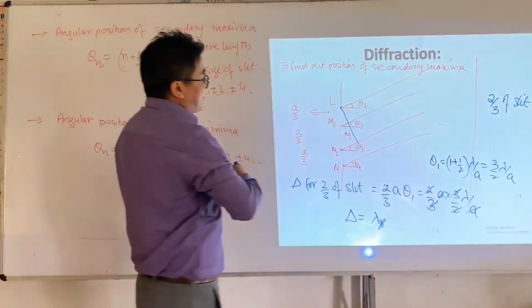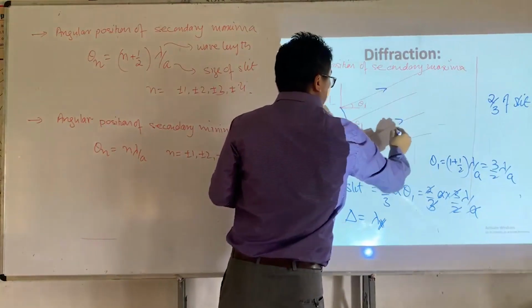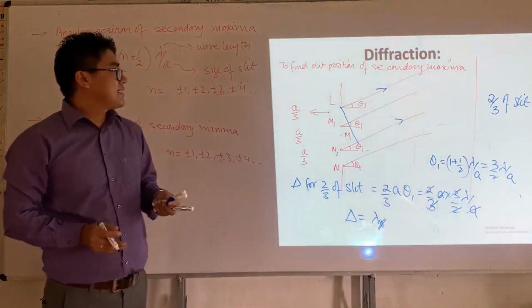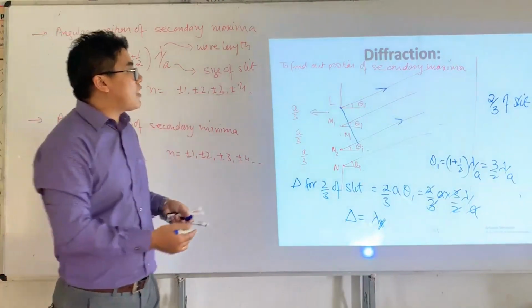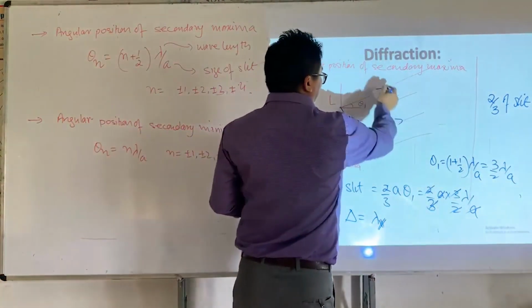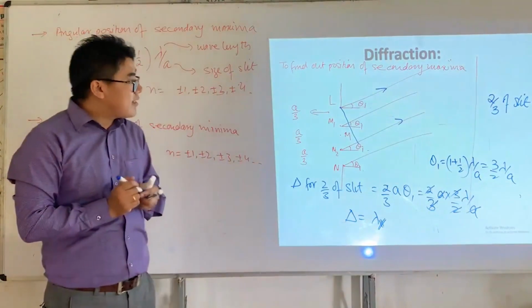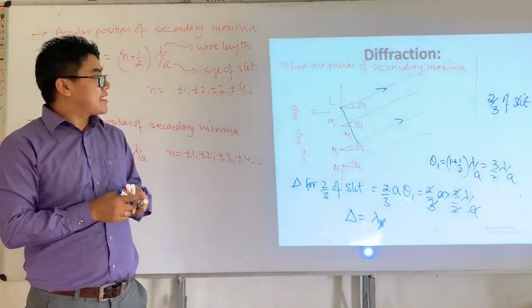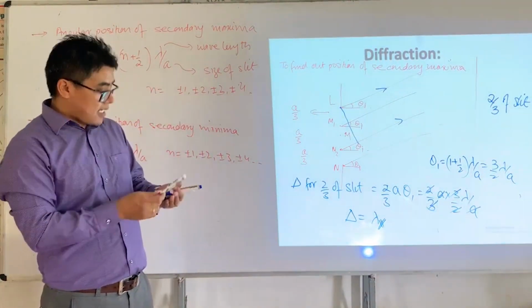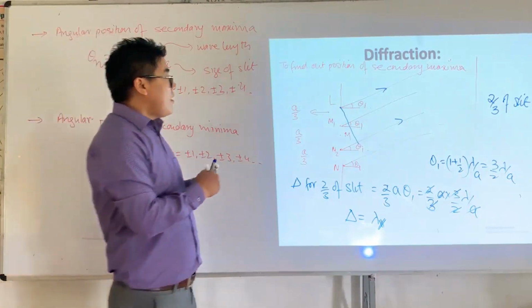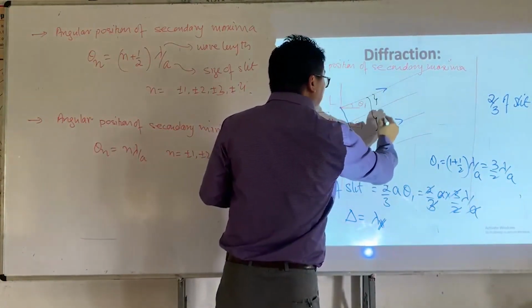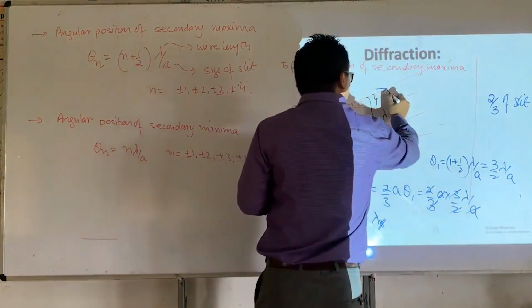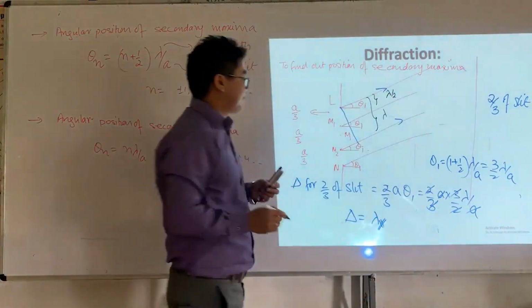So these two lights interfere constructively on the screen. However, if this path difference is lambda, then that path difference must be equal to lambda by 2.